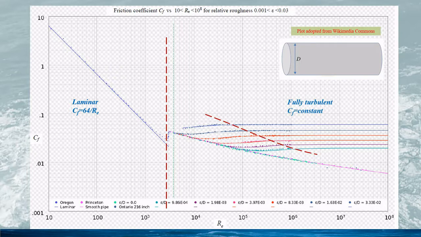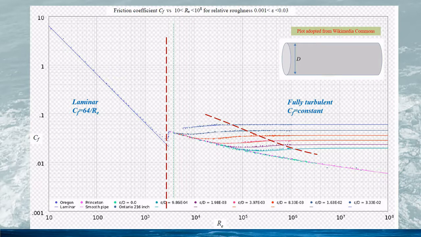When the Reynolds number is very large, the flow becomes fully turbulent, and the corresponding friction coefficient is a constant, which is independent of the Reynolds number. However, it can be seen that for different relative roughness, the friction coefficient is different.